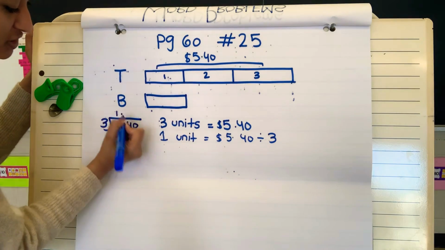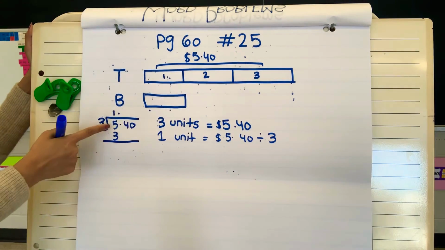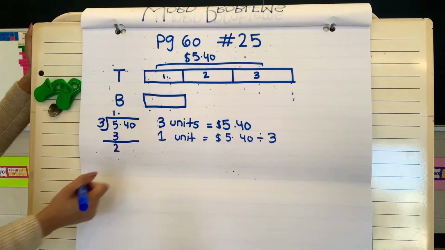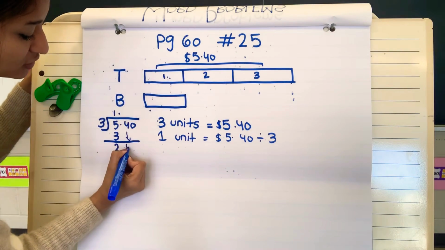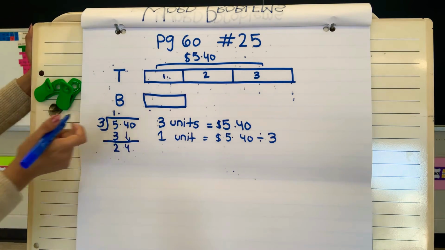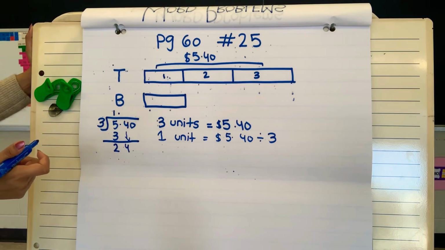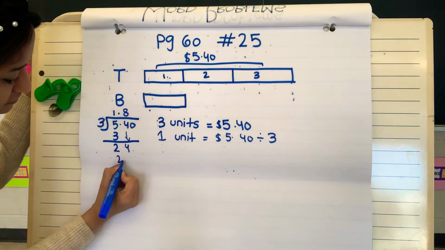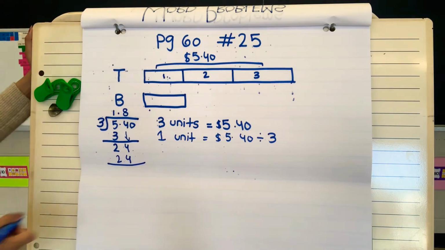Don't forget my decimal. Okay, 5 take away 3 leaves me with 2. Then I bring this 4 down. I say my 3 times table. So 3 times what gives me 24? 3 times 8 gives me 24. Okay.